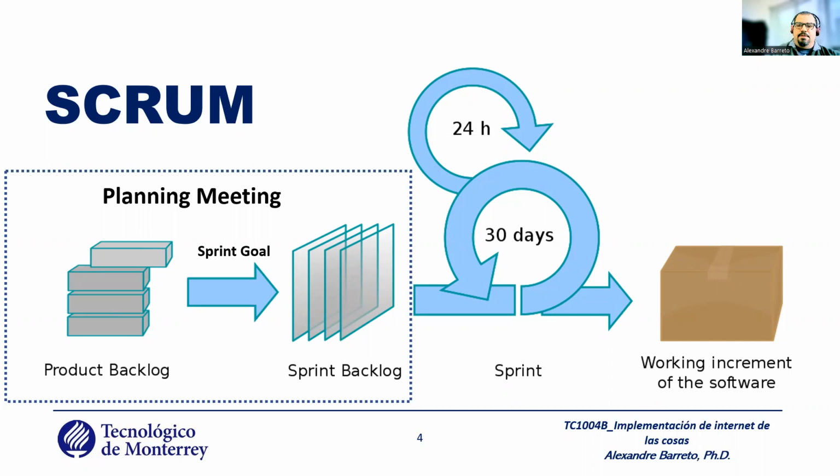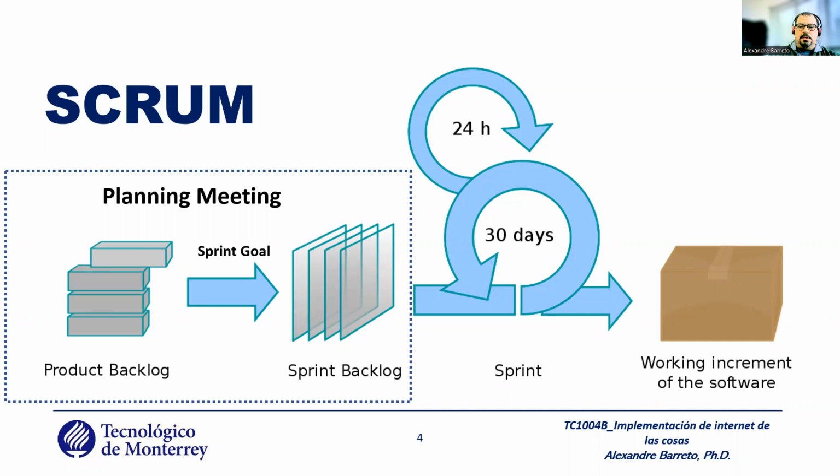Remember, before we start the Scrum process, you need to meet with the product owner, the guy that's responsible for requirements, and maybe with the direct clients to identify what the system needs to do.